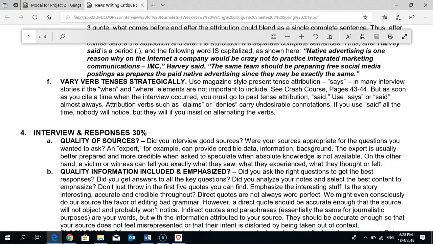You can do that with interview stories very easily, because the story doesn't have a specific date that's critical.